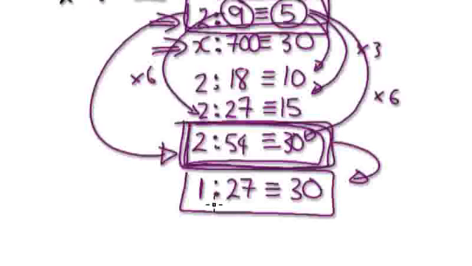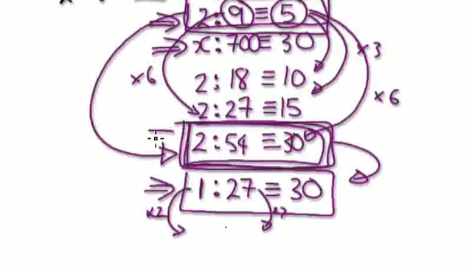So currently you are here. One employee can paint 27 meters squared in 30 minutes. So if you times this by 2, then you can also times this by 2, taking us back to here. If you times it by 3, then you can also times this by 3.